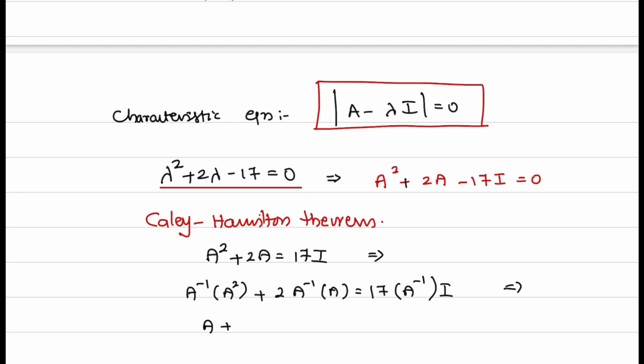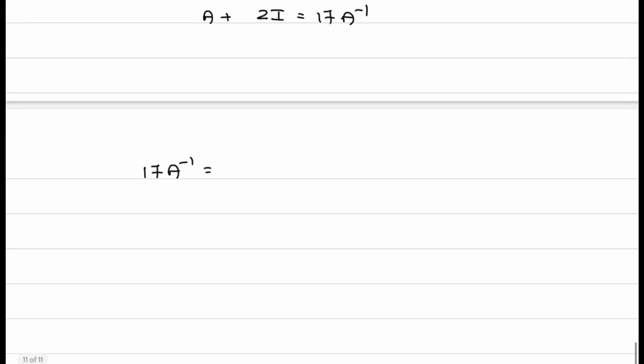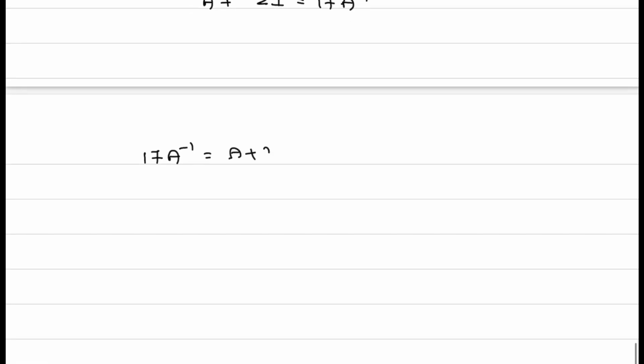A inverse into A is the unit matrix. So A plus 2I is equal to 17 A inverse.